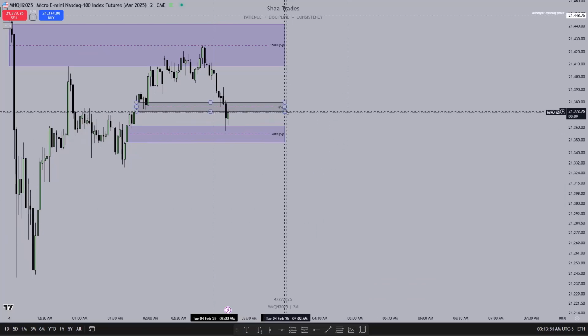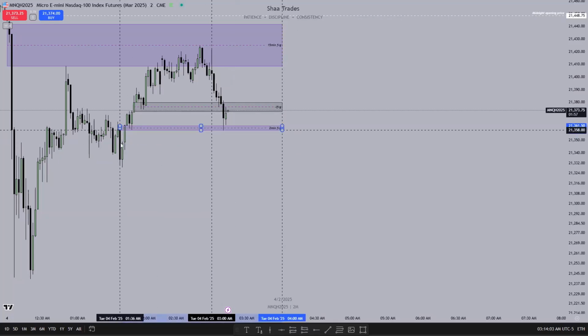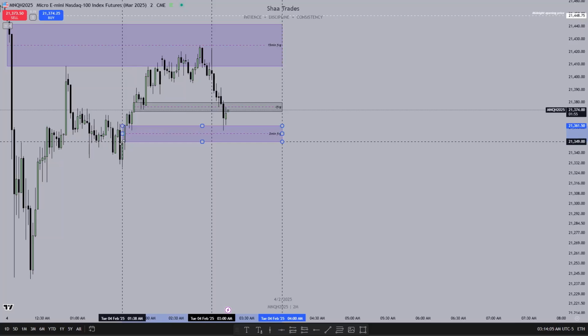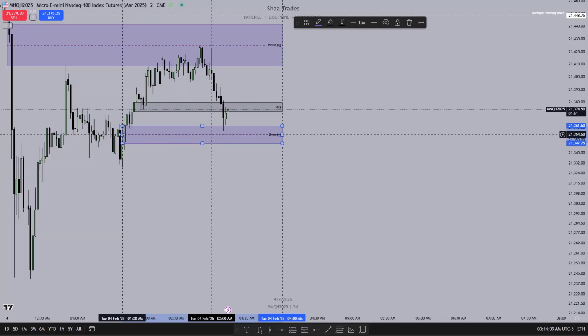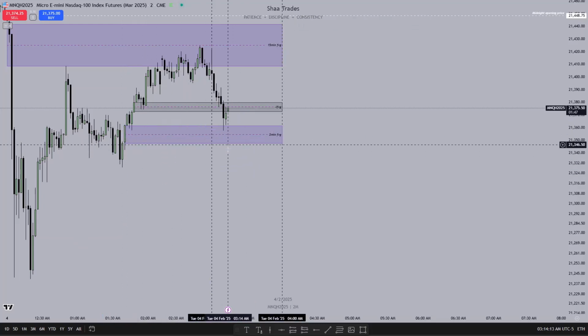All right, so price tapped this. I'm just waiting on this 2-minute to become inverted. Let's get that in there too. There you go. That's better. And if this becomes inverted, then I'll take that short setup.